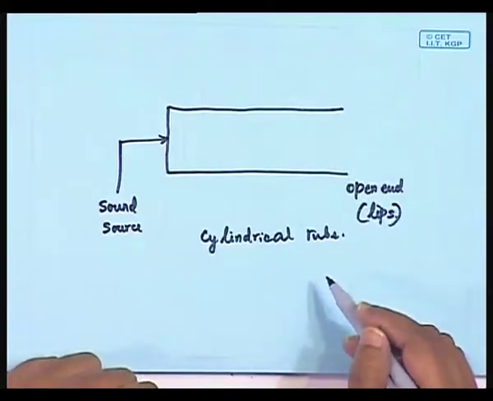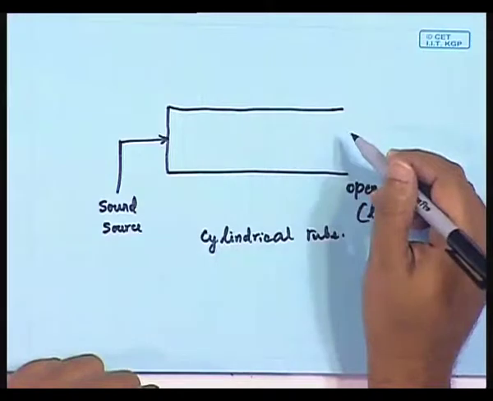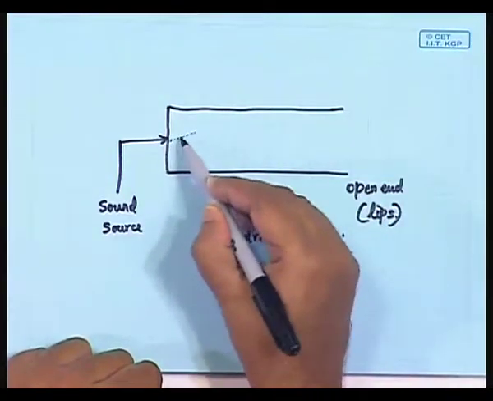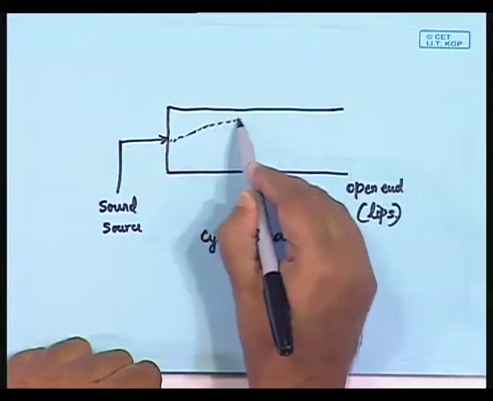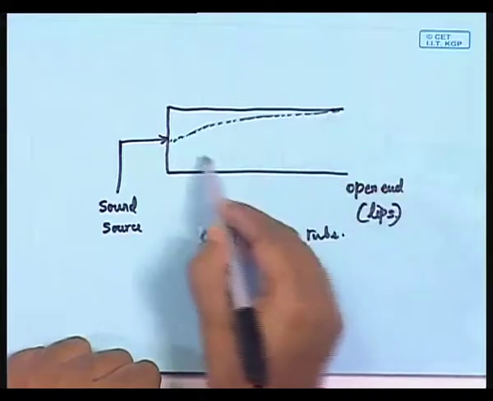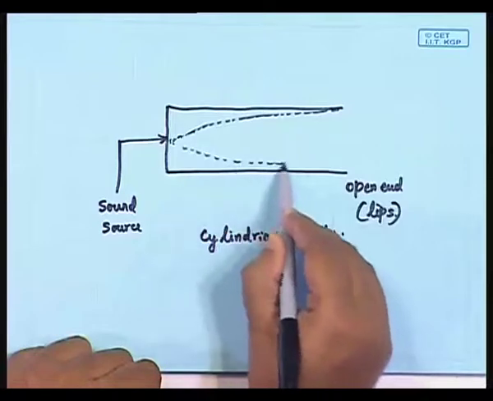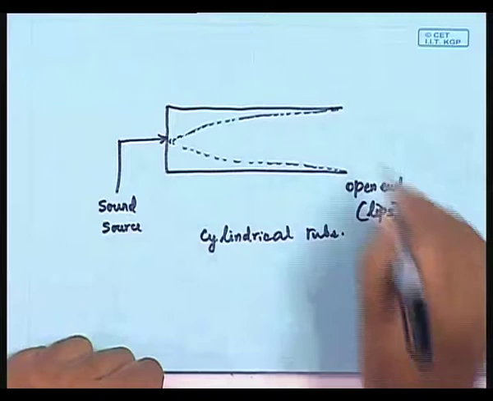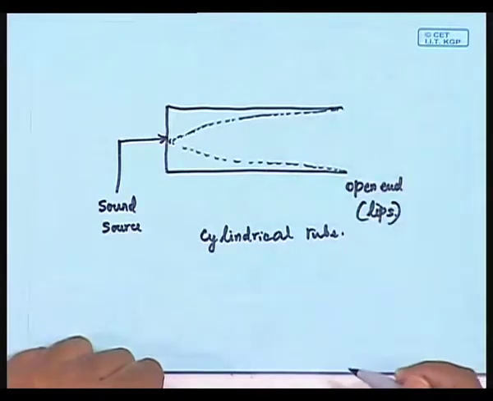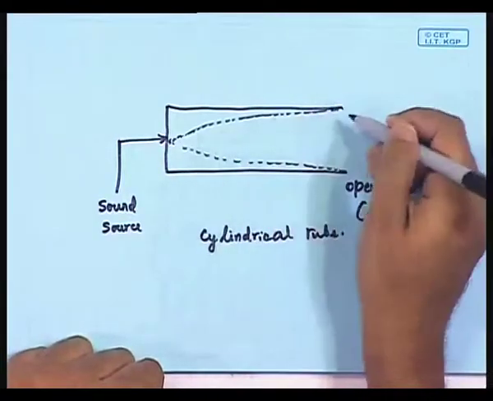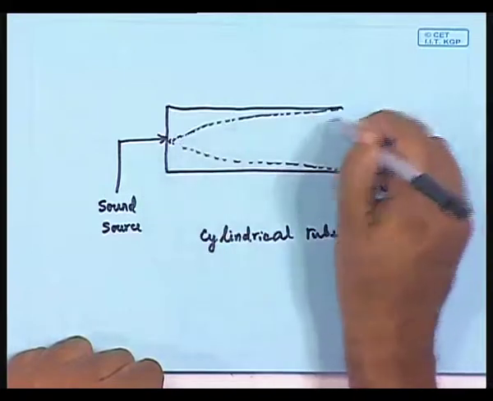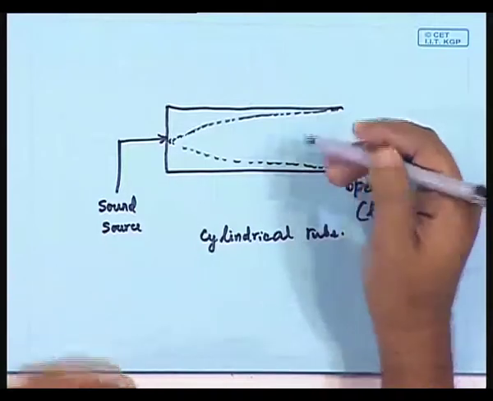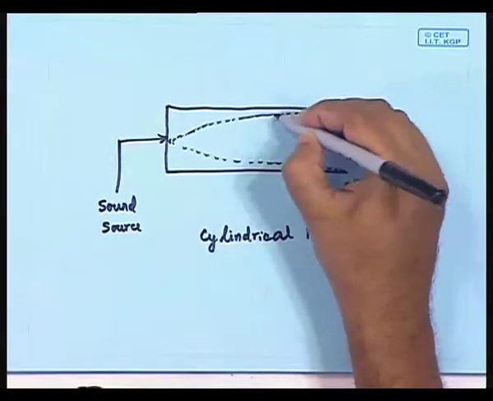you can imagine it like an organ pipe, and its first resonance would occur like this. You can see that here a node will be created and here an antinode will be created. As a result, we will be having the first resonance, which would look like this.